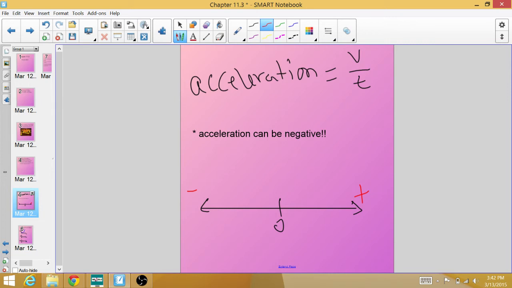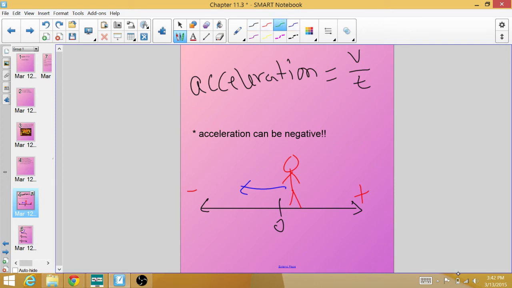You can think of it as a person walking and they have a rubber band tied around their waist. If they're walking in the positive direction but slowing down, you can think of that as being like being pulled backwards with that rubber band. So whichever way that imaginary rubber band is pulling, that's the direction of our acceleration. Now, if my person, instead of walking forward and slowing down, walks backwards this way, they have a negative velocity.